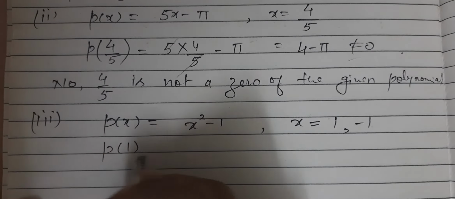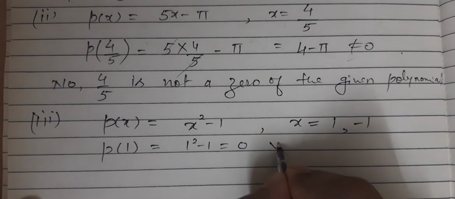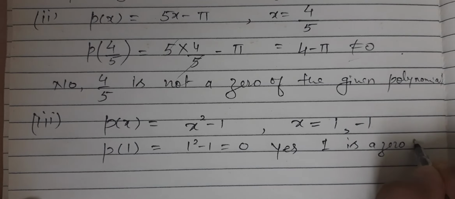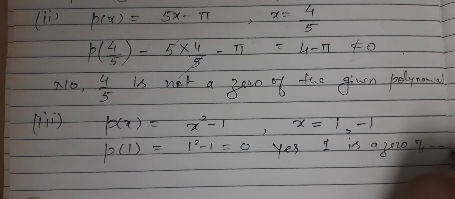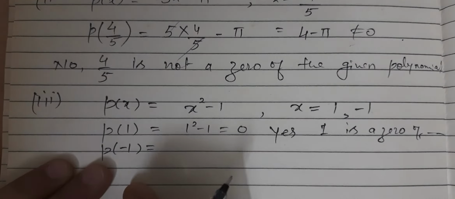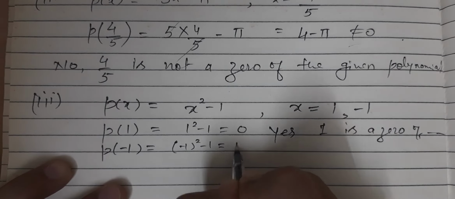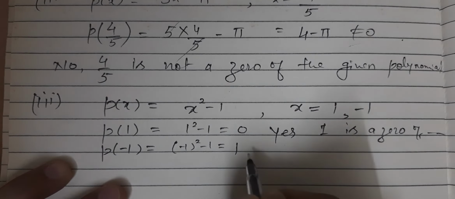You will get 1 square minus 1, 0. So yes, 1 is a zero of the polynomial. And when you put x equals to minus 1, you will get minus 1 square minus 1. Now minus 1 square is also 1. So 1 minus 1, 0. So here again, yes, this minus 1 is also a zero of the polynomial.